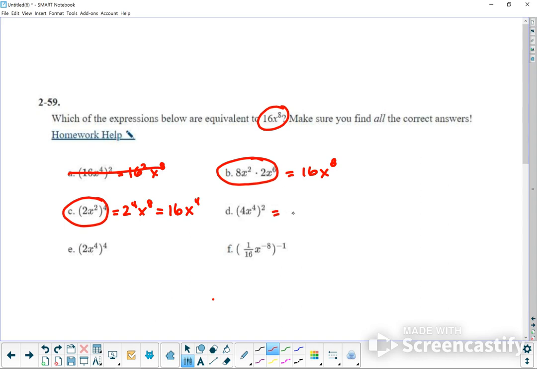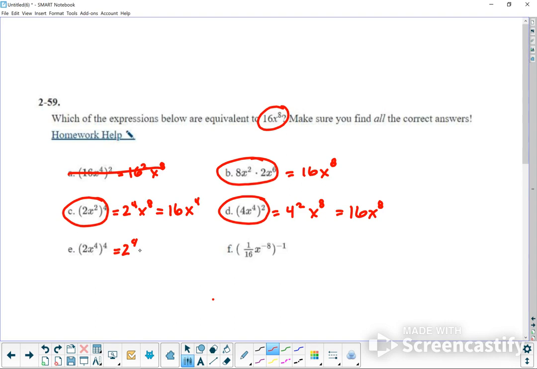4 squared is going to be 4 squared, and then x to the 4th to the second would be x to the 8 because you're multiplying them. And 4 squared is 16, x to the 8, and that actually also works. Okay. 2 to the 4th and x to the 4th to the 4th.